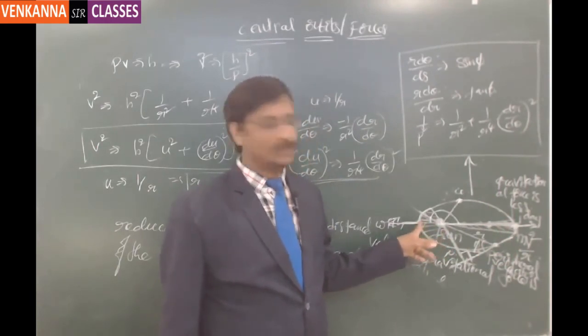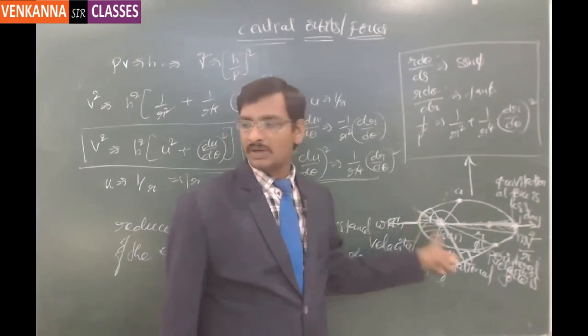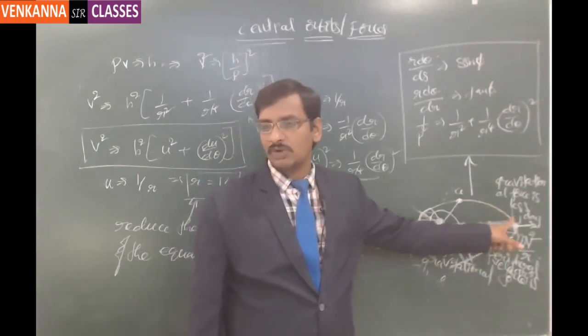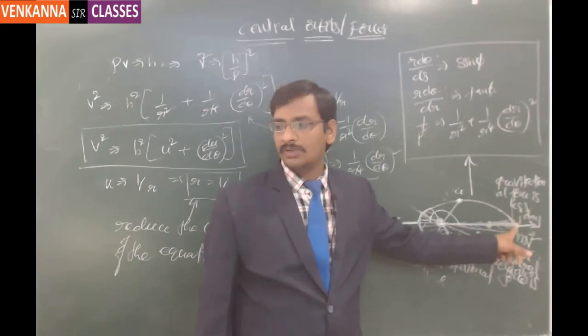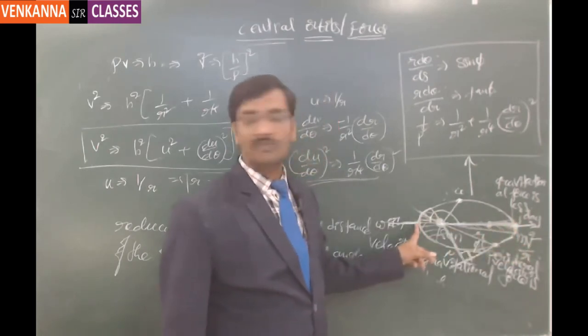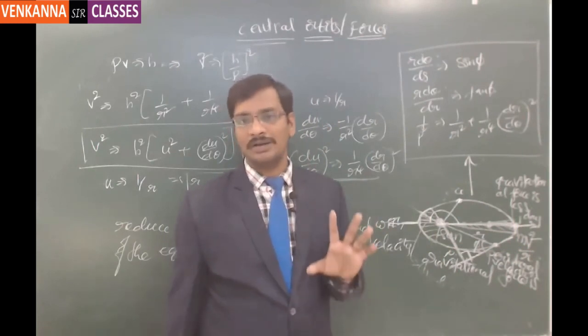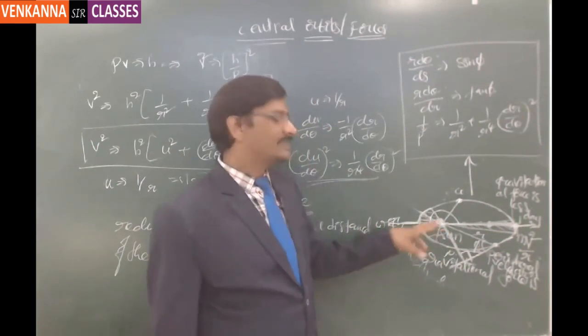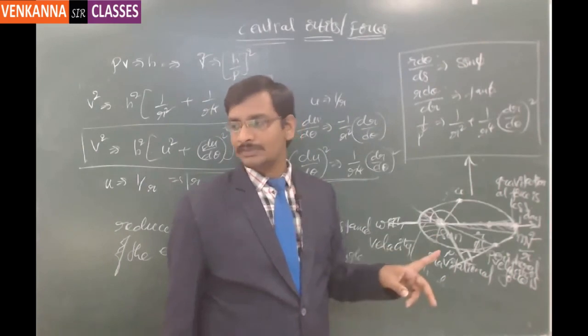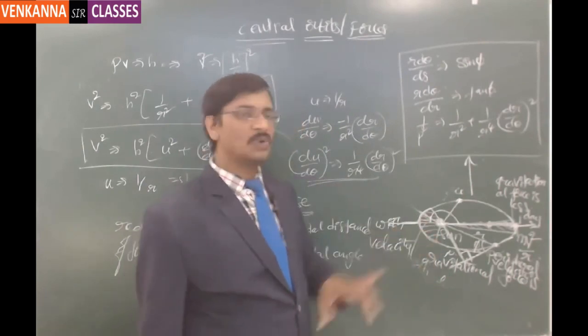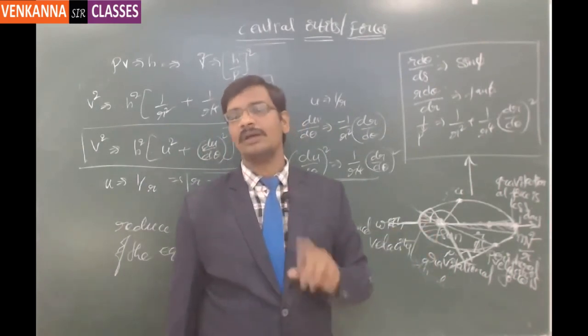In other words, for this planet orbit, the derivative with respect to r is going to be 0, because this is the maximum value and this is the minimum value. Wherever this maximum and minimum occurs, those points are called the apse. The angle between two consecutive apses is called the apsidal angle.